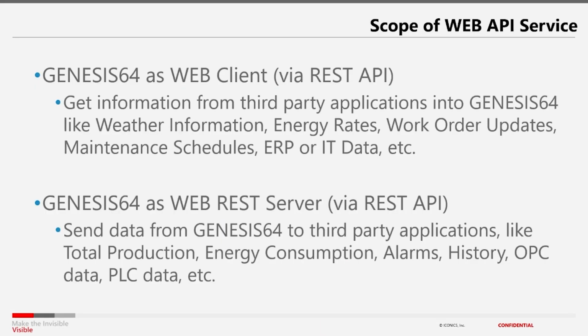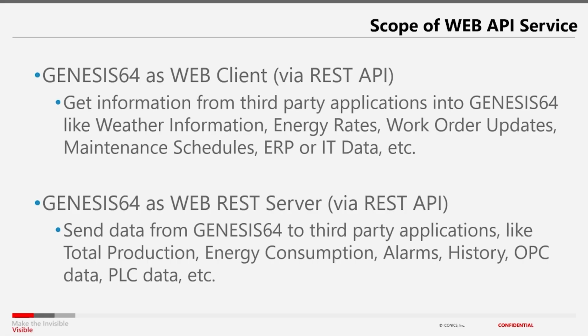Okay, that's good. So can we send data to a third party as well? Yes, we can, because we can act as a web REST server to send data to a third party. So not just as a web client, getting data from a third party into our Genesis, we can also send data out.